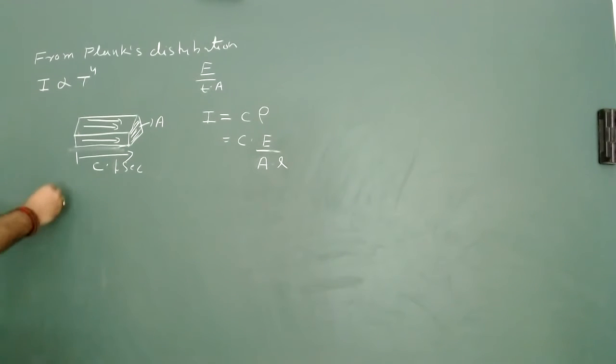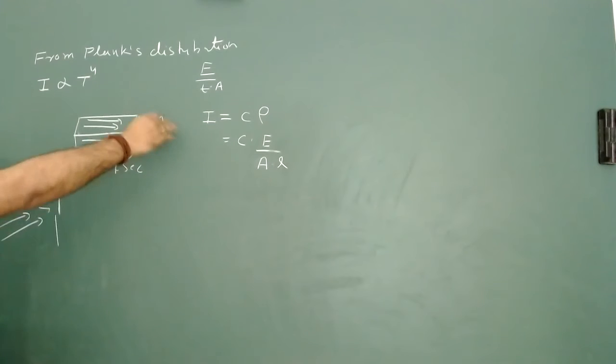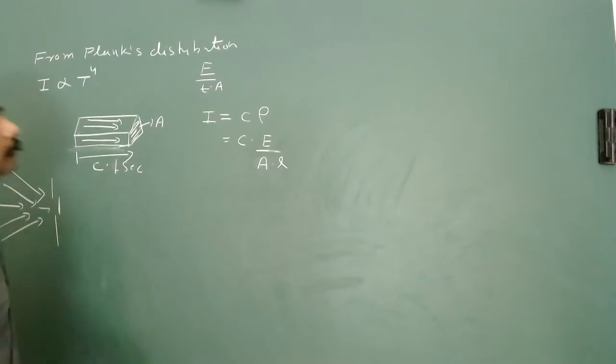But in general, the radiation is not coming perpendicular. It comes in oblique directions, all possible directions. So the effective intensity is less.